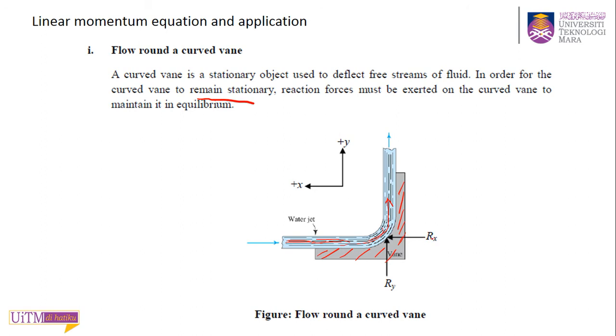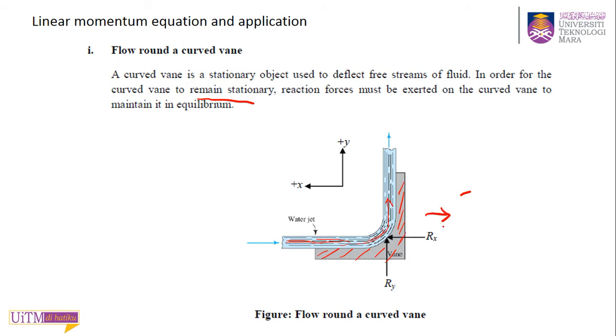So this is why your reaction force in the x direction is directed to the left against this flow, and your resultant force in the y direction is in this direction. You can double check this direction after you calculate the values for Rx and Ry. If you get a negative, that means your assumption is wrong, so the reaction force is acting in the opposite direction.